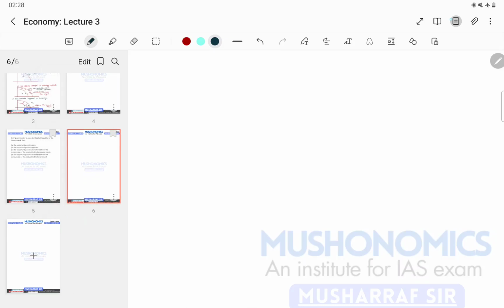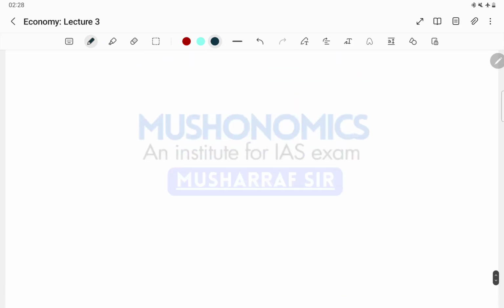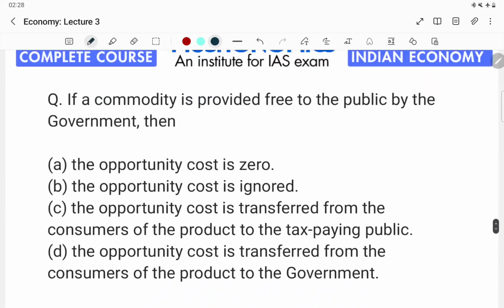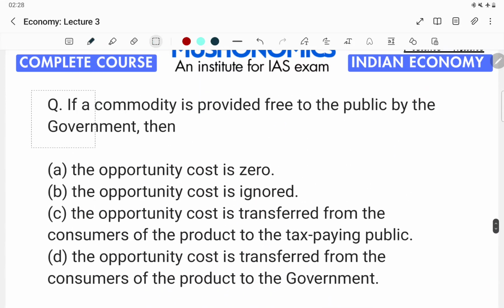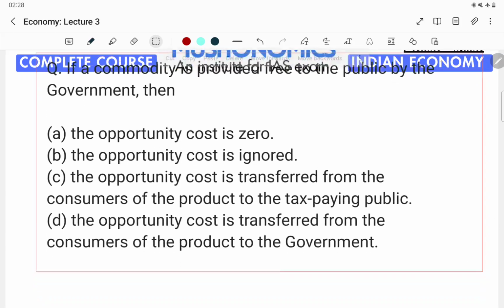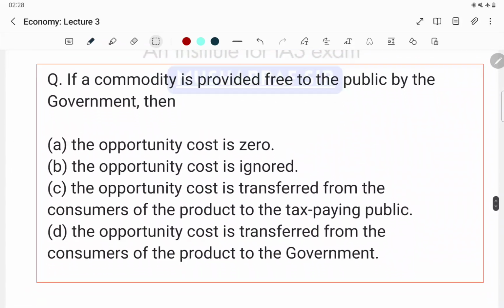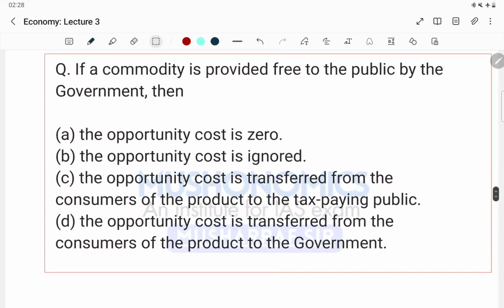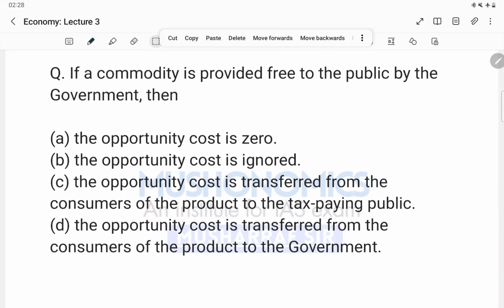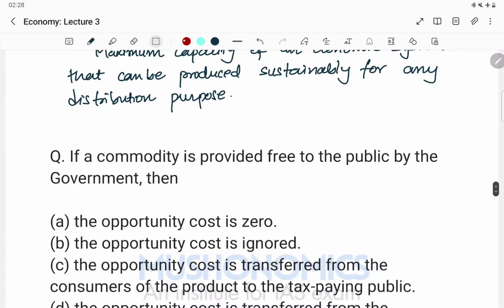Okay, this is the question: if a commodity is provided free to the public by the government, then what?